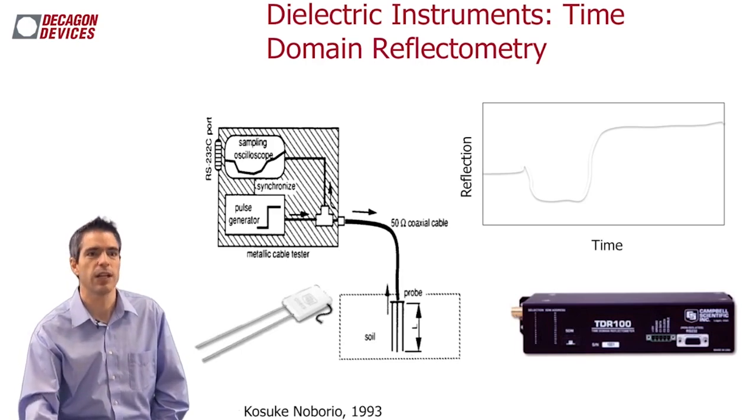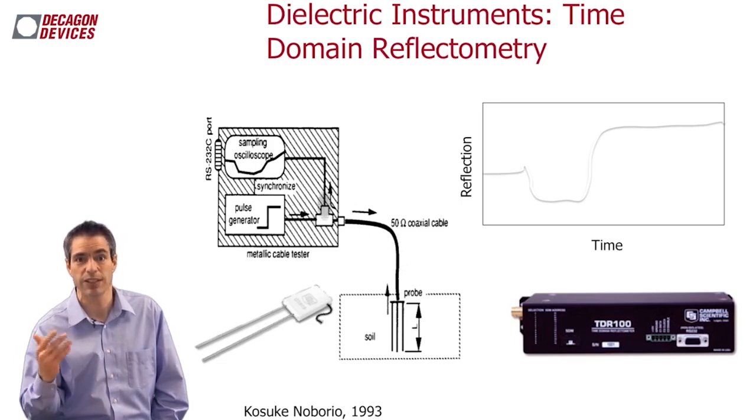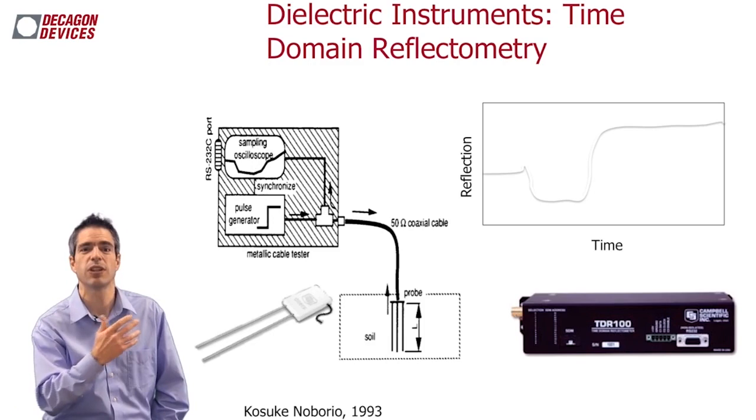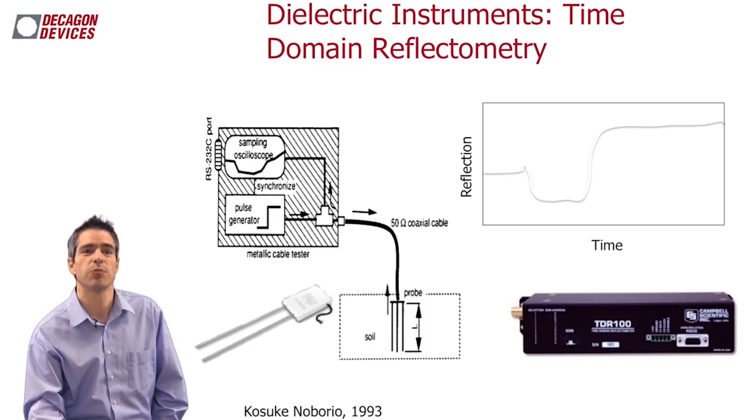Let me just back up again. Here's that pulse of energy going down, reflecting off the end, and going back into the sampling oscilloscope that looks at the energy charge from that reflection. Here we go. This is what we might see on the sampling oscilloscope. It hits the front of the probe.